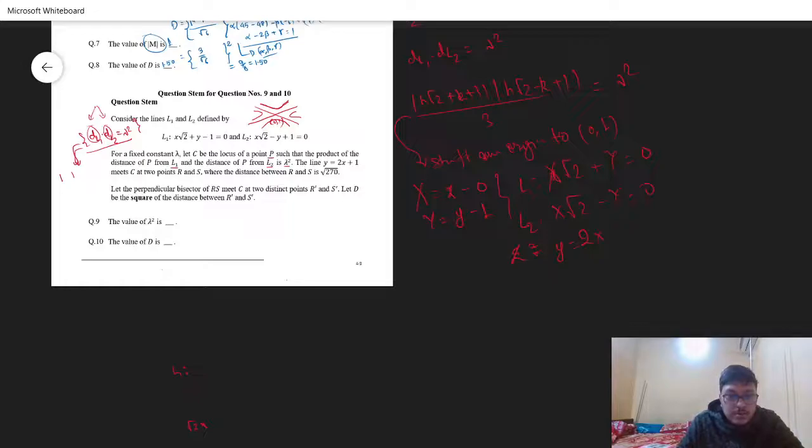So our equation will become X root 2 plus Y into X root 2 minus Y equals lambda square into 3, or 2X square minus Y square equals 3 lambda square.